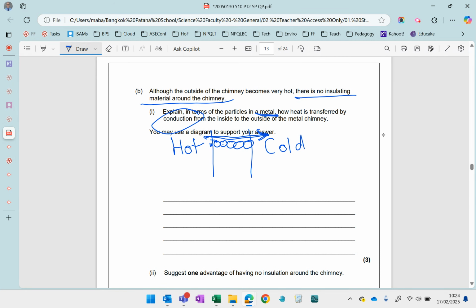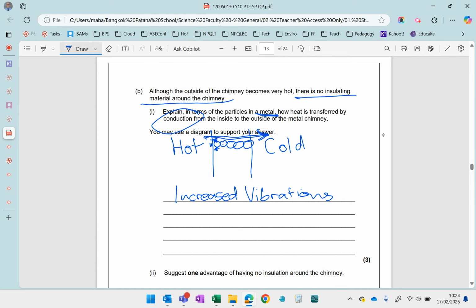As that happens, the particles in contact with the hot area are going to start vibrating more. That idea of vibrations is an important one because metals are solid, and vibration means moving backwards and forwards around a fixed position. So it's important that we use the word vibration.